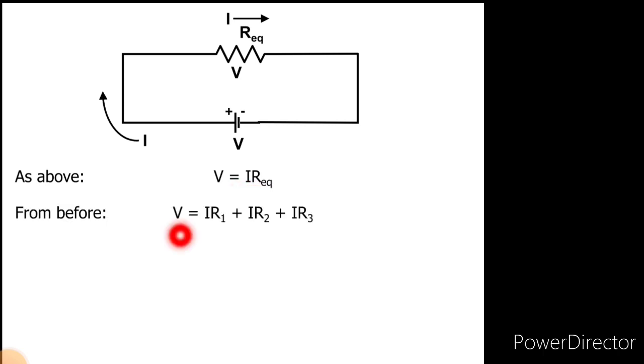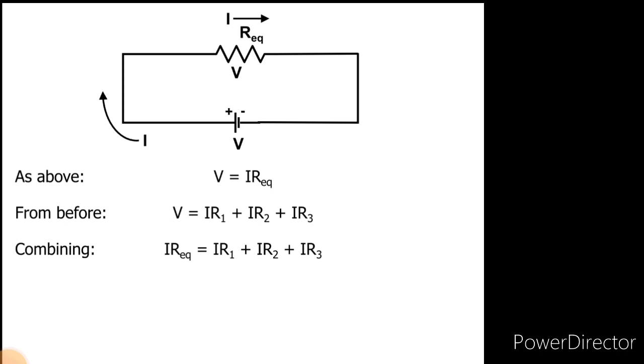So, para maging ganyan. So, we have I here, okay, the current. We have the resistor here, the equivalent resistance. Okay? So, ang maging formula ng V will be equal to I, the current, times the equivalent resistance. Okay? And from before, we have V is equal to IR1 plus IR2 plus IR3.